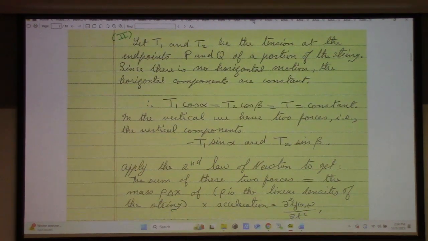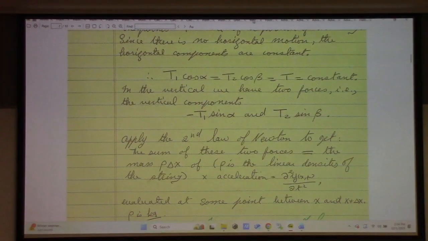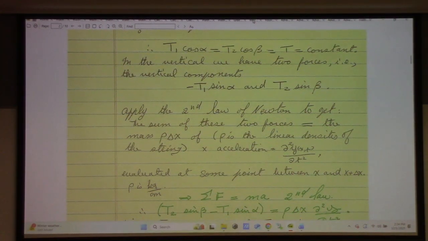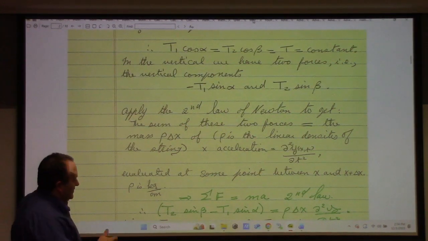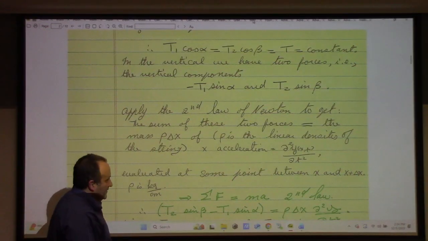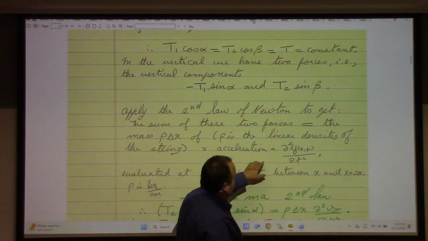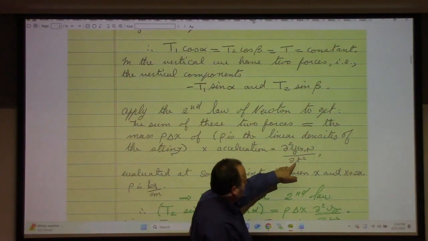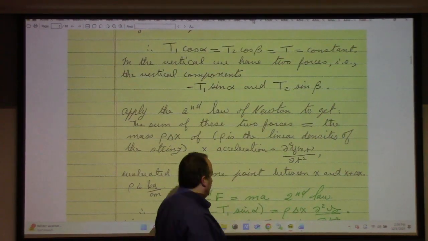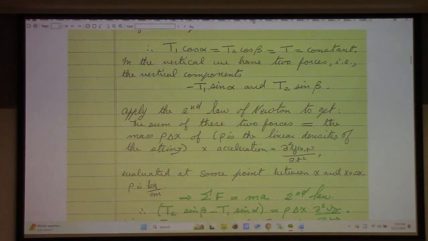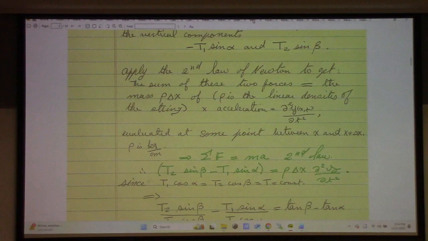All right, great. So we apply Newton's second law to get the sum of the two forces, and the mass on that little stretch of string would be the density rho times change in x. It's a linear density. And so the acceleration would be calculated by the second partial derivative of y with respect to t. That's the acceleration of the string, right? So getting to the point here, the sum of the forces is equal to ma, but the horizontal forces are 0, so that's kind of not interesting.